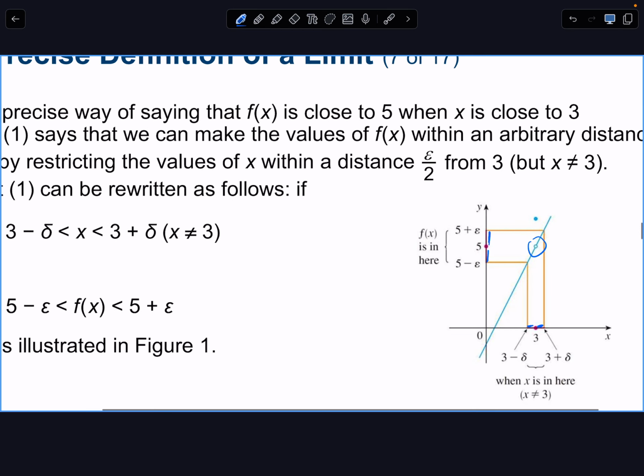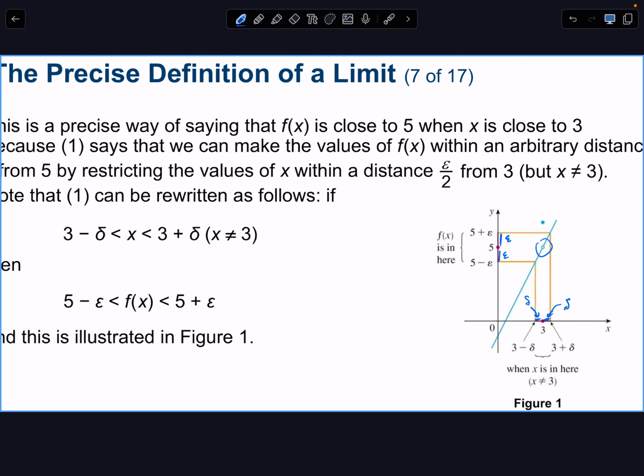We call this little distance epsilon, on both sides, and this little distance down here delta, the Greek letters for E and D. So when x is within a distance delta of 3, the y is within a distance epsilon of 5.